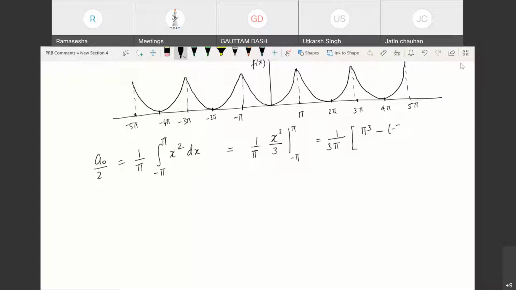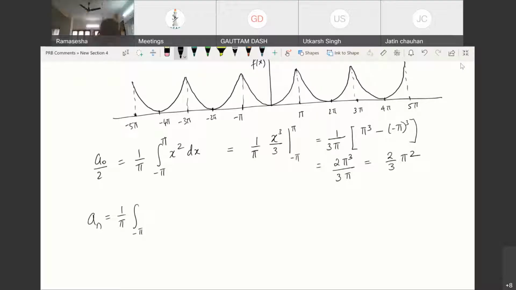I want to get equations for an and bn. So let me see. What is an equal to? 1 upon pi integral minus pi to pi x squared cosine nx dx. Okay. Now I do something which is trivial.